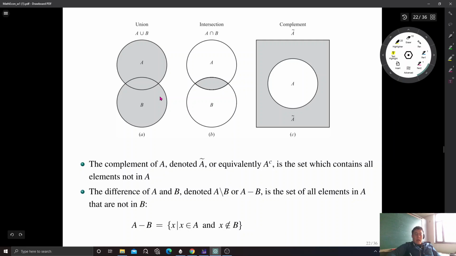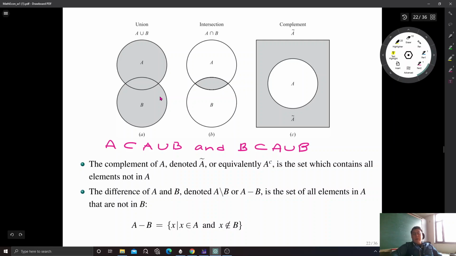So A union B includes set A and includes set B, and that is the smallest such set.